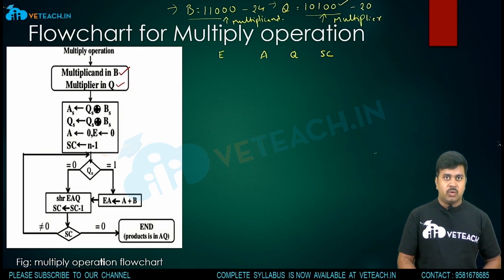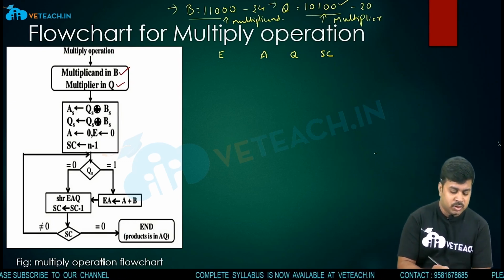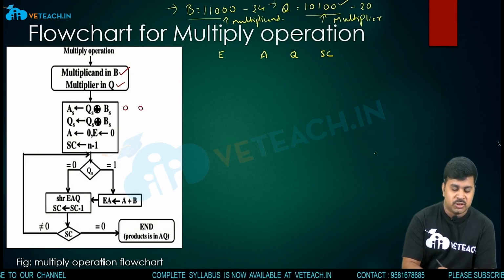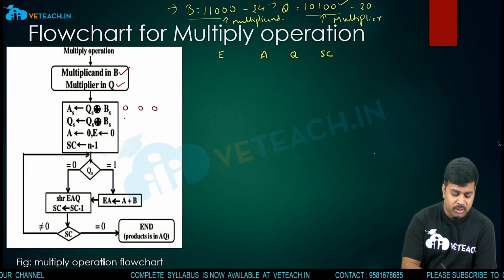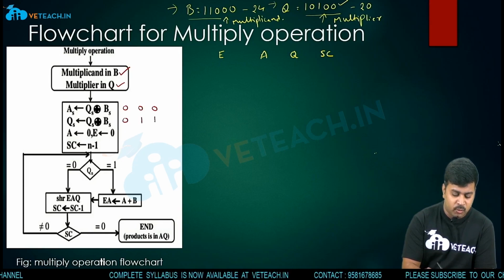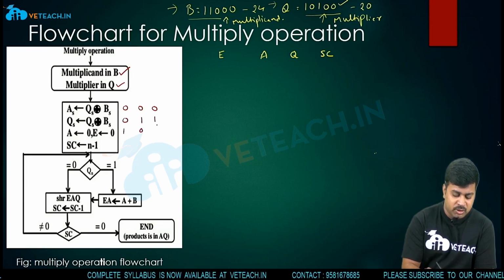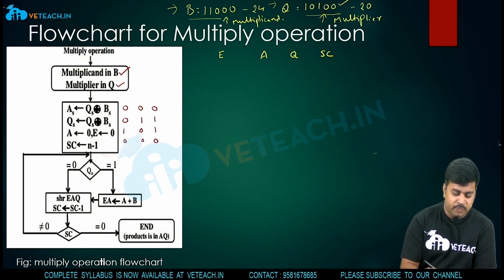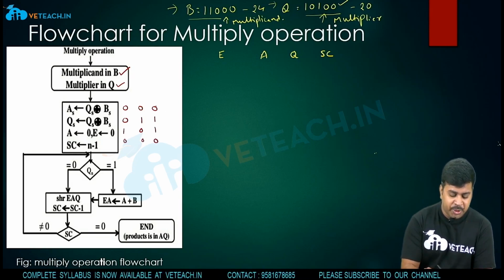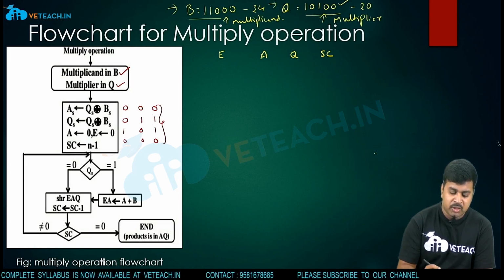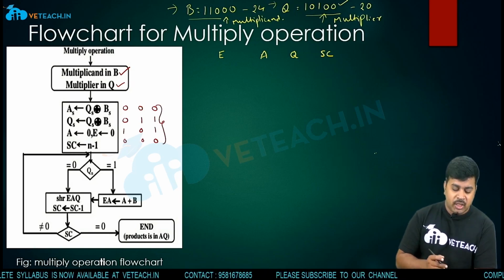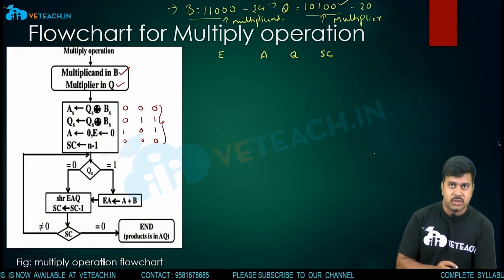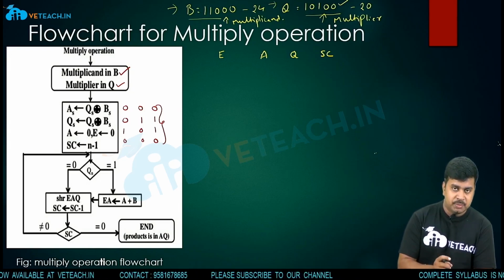If you do an XOR operation between these two values: if both are 0, you will get 0; for 0 and 1, you will get 1; for 1 and 0, you will get 1; and for 1 and 1, you will get 0. That is how the XOR operation will be performed between the B and Q signs, and the final sign will be stored in AS and QS. Okay, so the second step is completed.